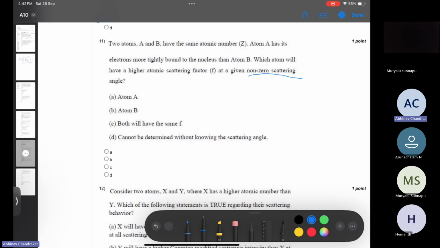How will the atomic scattering factor be affected? We know that the atomic scattering factor is dependent on the angle at which the scattering is taking place. And if the angle is 0, we have it equal to the value Z.